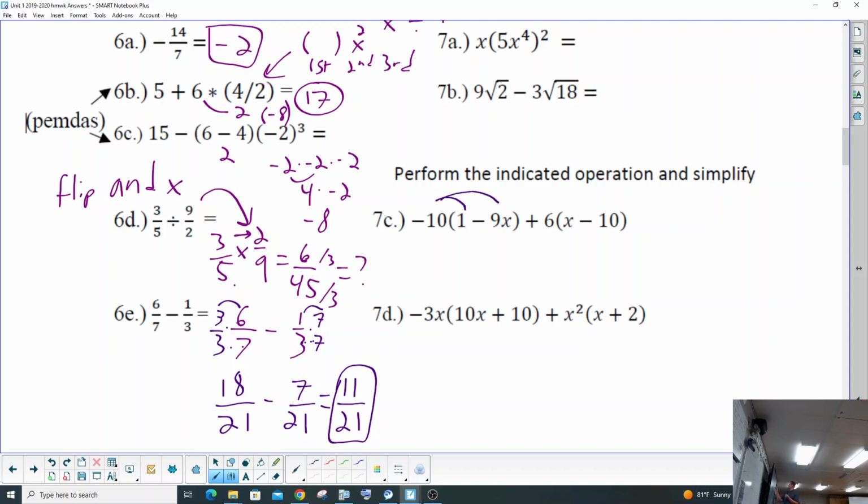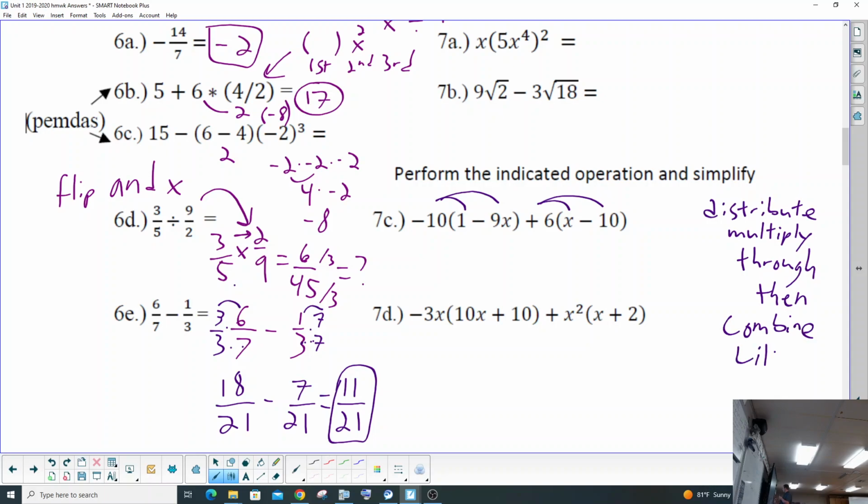Don't forget to distribute that through first, and then combine like terms, right? Distribute means to multiply through. Then combine like terms.